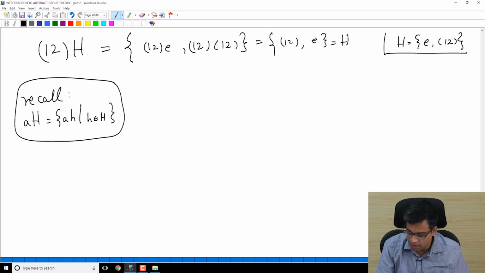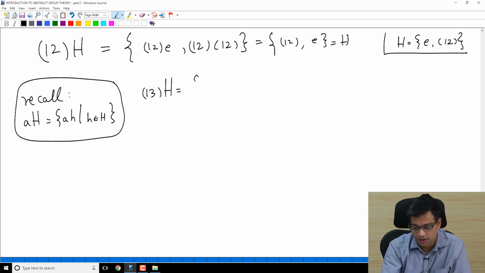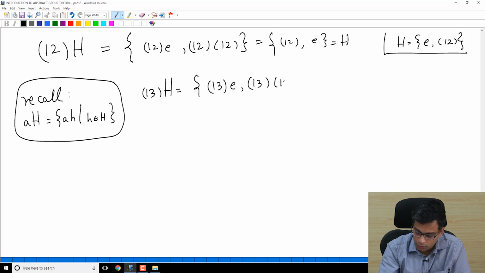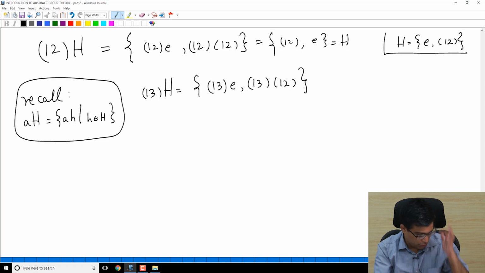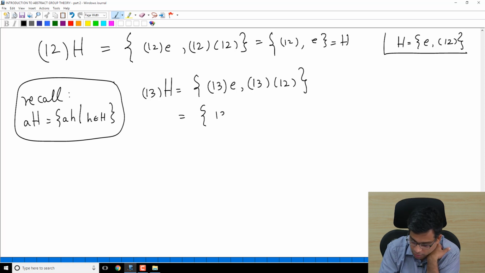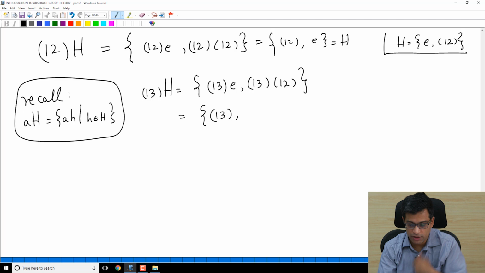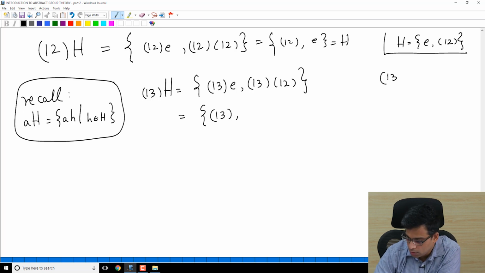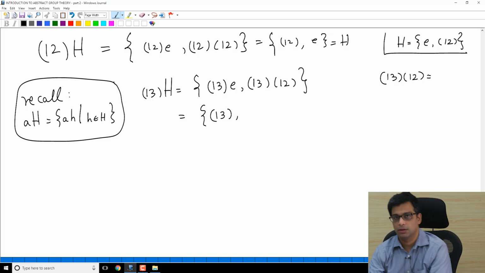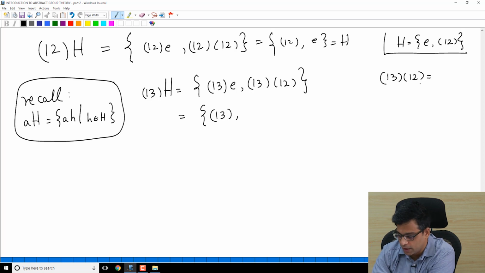Now let's compute (1 3)H. What is (1 3)H? (1 3) times E and (1 3) times (1 2). (1 3) times E is (1 3) because E is the identity. What is (1 3) times (1 2)? I am going to use the same procedure that I described earlier, and you have to do this repeatedly if you are new to this, to get used to the product of cycle notation.